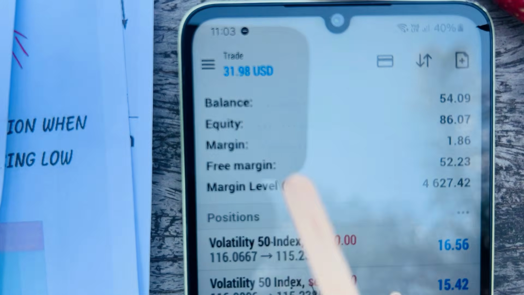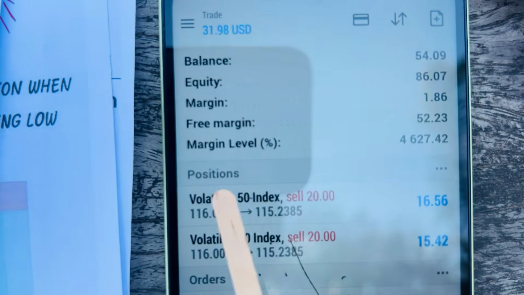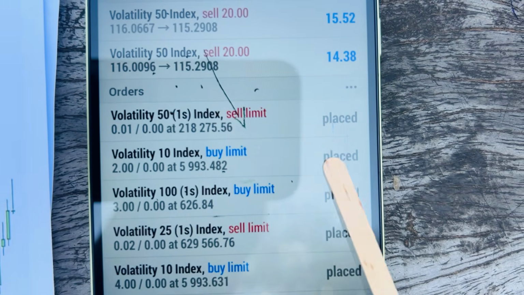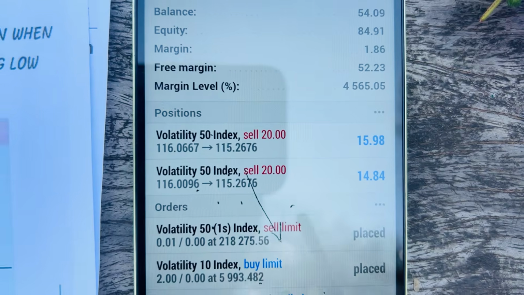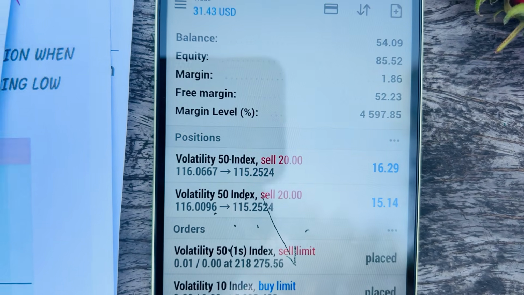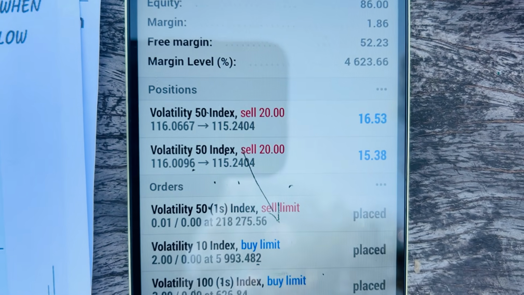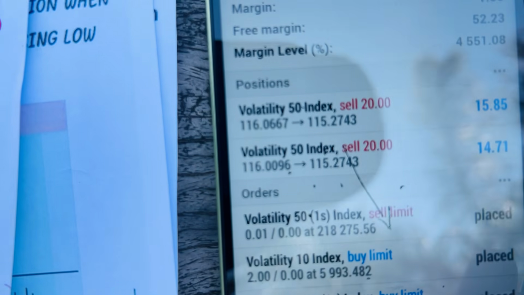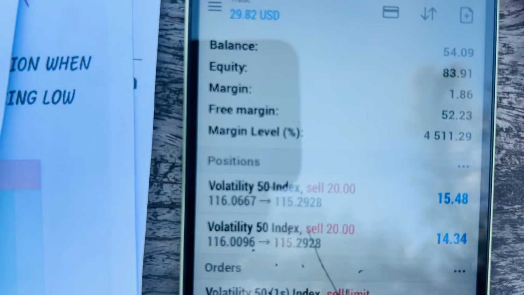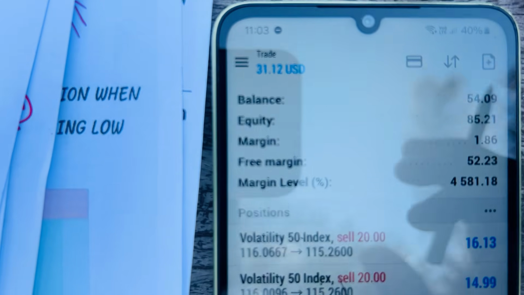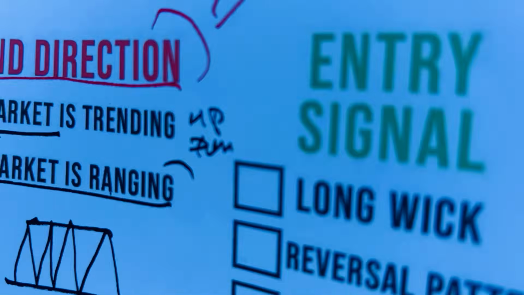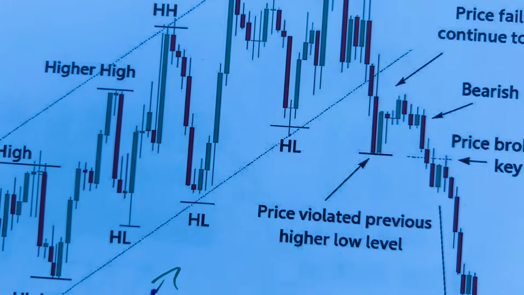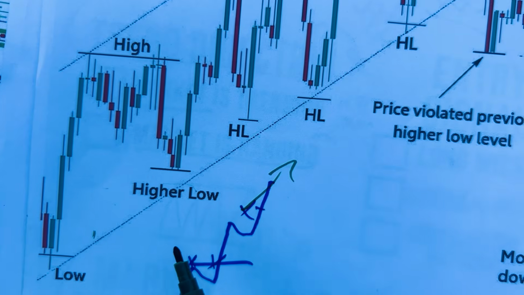If you are actually still confused, let me show you how we do the analysis. You see, we're on profit now. We're trading Volatility 50 index, and we're still waiting for these positions to be open. I'll show you how to actually do the analysis, because once you learn technical analysis, some traders are confused, saying, Bozza, I'm still confused how to actually use technical analysis, because learning about it is something where you must understand what you need to do afterwards.